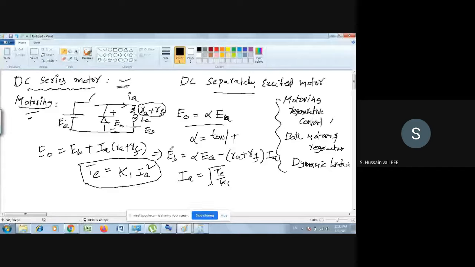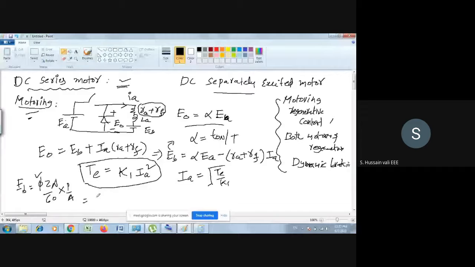And one more thing: how can I write EB? You recall EB is equal to pi ZN by 60 into phi by A. How can you write this here? This flux depends upon armature current, in case of the DC series motor.